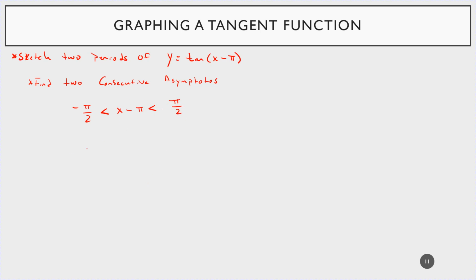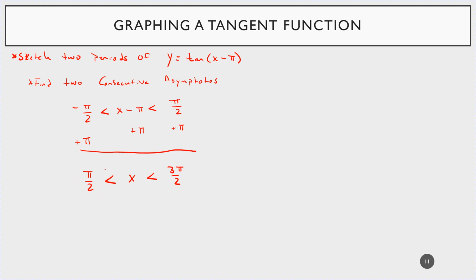To get x by itself, you're just going to add a pi to each part. Negative pi over 2 plus pi is just pi over 2, less than x, and x is less than pi over 2 plus another pi, which gets me 3 pi over 2.